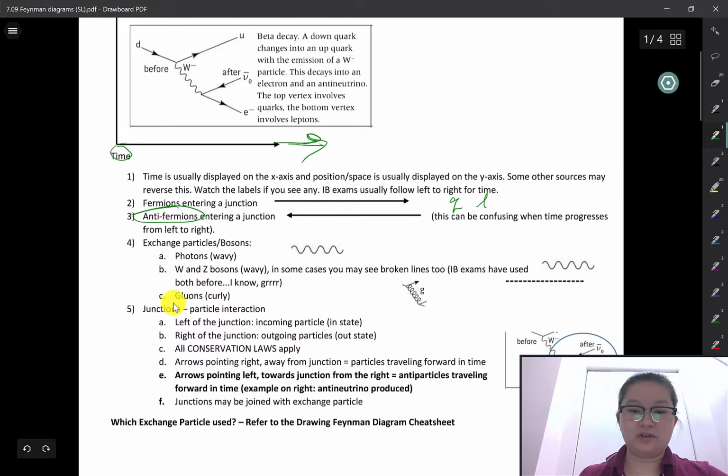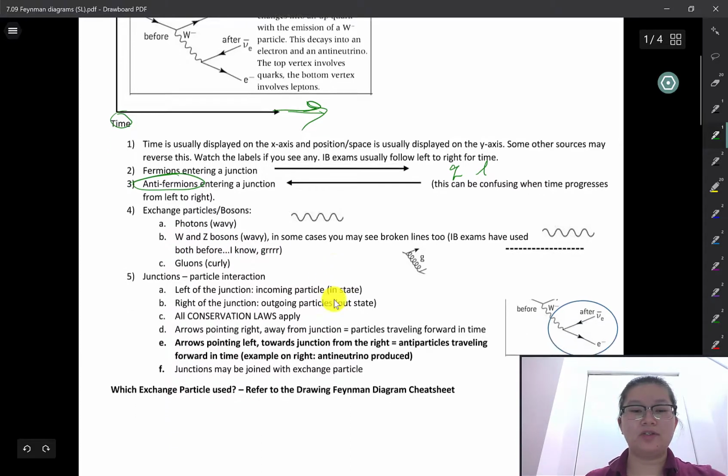I know, confusing, right? Here we have a curly one. This one is a gluon mediating the strong nuclear force. So notice that each of these mediates a different force: photons for electromagnetic, the W and the Z bosons for your weak interactions, and gluons for your strong nuclear interactions.